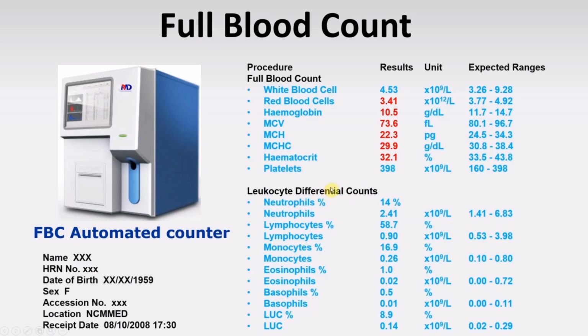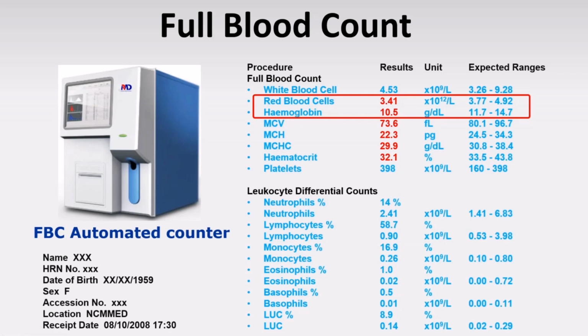Now, what we'll only be focusing on in this particular recorded lecture will be the red blood cells index. In particular, we will be looking at your red blood cell counts as well as your hemoglobin concentration.